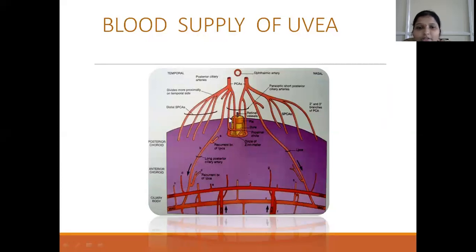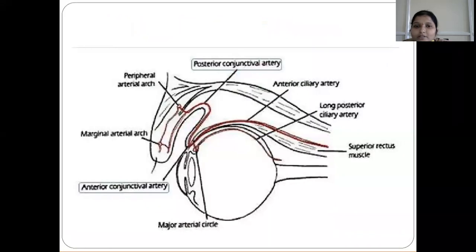So without giving any branch, it passes along the suprachoroidal space, and after reaching the ciliary body, here it anastomoses with the anterior ciliary arteries as well as the long posterior ciliary artery from the other side, and this is called the circular arteriosus major. After forming this circular arteriosus major, from this again multiple branches arise and supply the ciliary body.